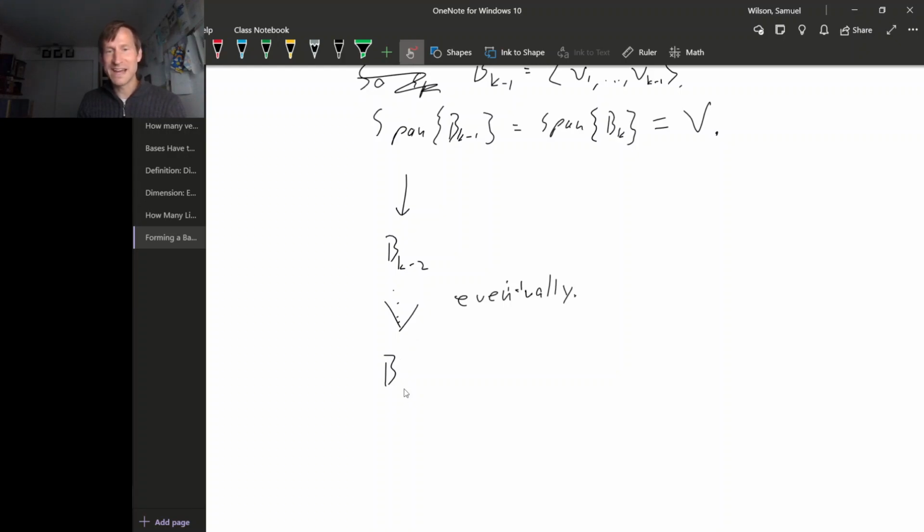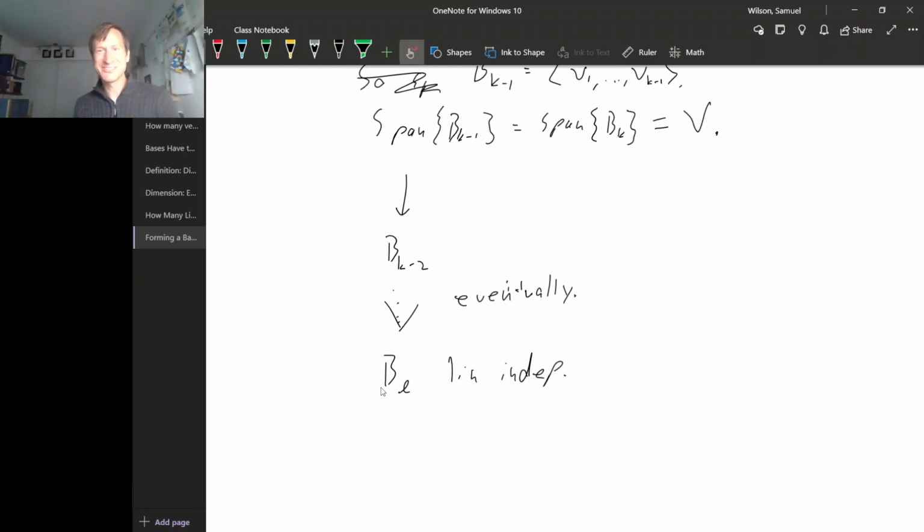Now, we don't know when that is, but let's say it's at step L. So this is eventually linearly independent. The reason is that eventually we're going to be down to one vector or zero vectors, right? If you're down to one non-zero vector or no vectors at all, that is linearly independent. So eventually we end up with a linearly independent collection.